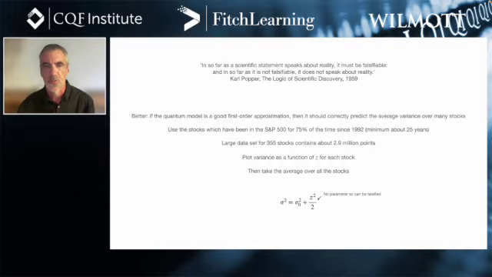So we'll use the stocks which have been in the S&P 500 for 75% of the time since 1992. This gives you a minimum of about 25 years each. This is a pretty large data set for 355 stocks, containing about 2.9 million points. Plot variance as a function of Z for each of these stocks, and then take the average over all of them. So remember, because there's no parameter on that quadratic term, this can be falsified, which is quite rare in finance.